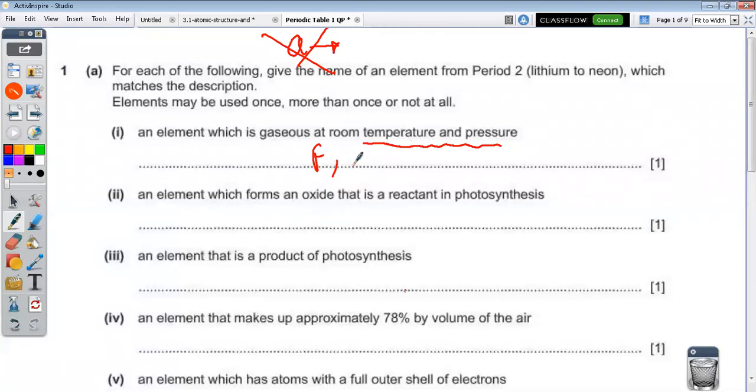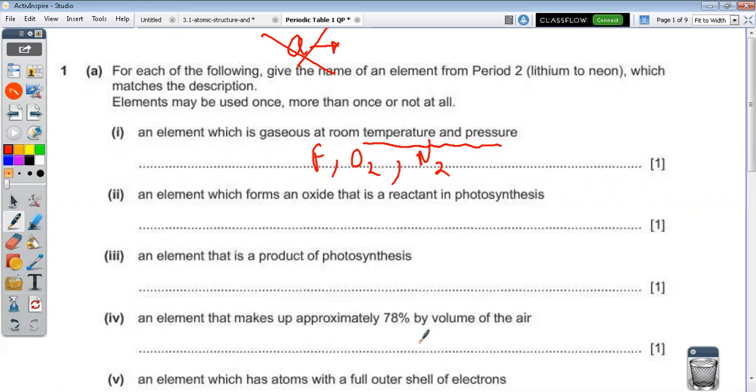Oxygen is a gas at room temperature, O2, which exists like this. Which one else is a gas at room temperature? Nitrogen, N2. What else? Even leaving the neon, we said all group 8 are gases at room temperature. So neon is a gas at room temperature.